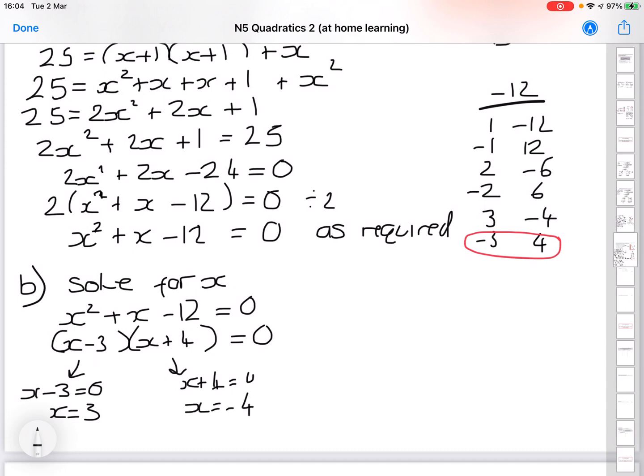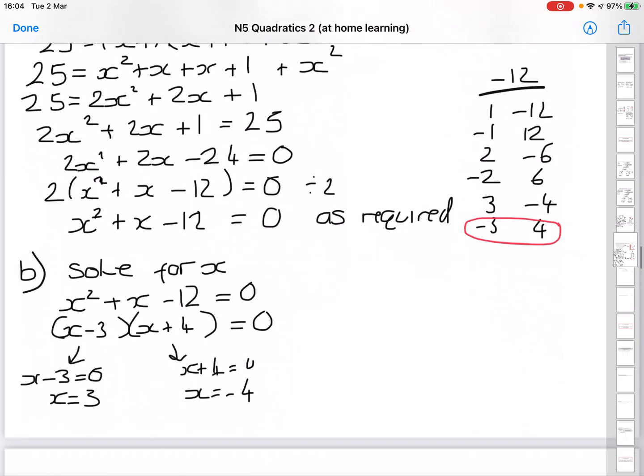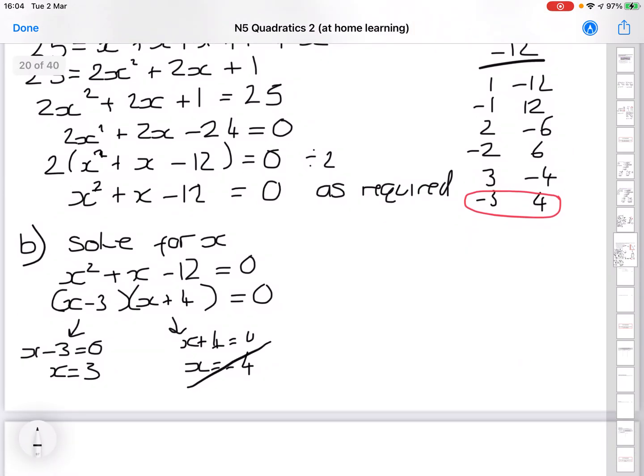Like I said in the last video, we're going to think about if our answers make sense. So we've got 3 and we've got minus 4. We can see straight away, using that bottom horizontal length of x metres, we cannot use the minus 4. That cannot be minus 4 metres long. So immediately we can disregard this answer and write beside it disregard, meaning that we're going to use x equals 3.